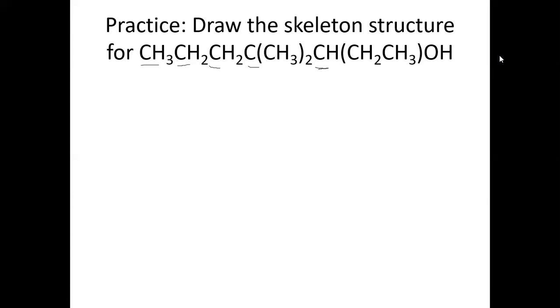We count the carbons that are not in a parenthesis. So 1, 2, 3, 4, 5. We count the carbons that are not in the parentheses, okay? So 1, 2, 3, 4, 5, like that. Okay, so that is our base chain.